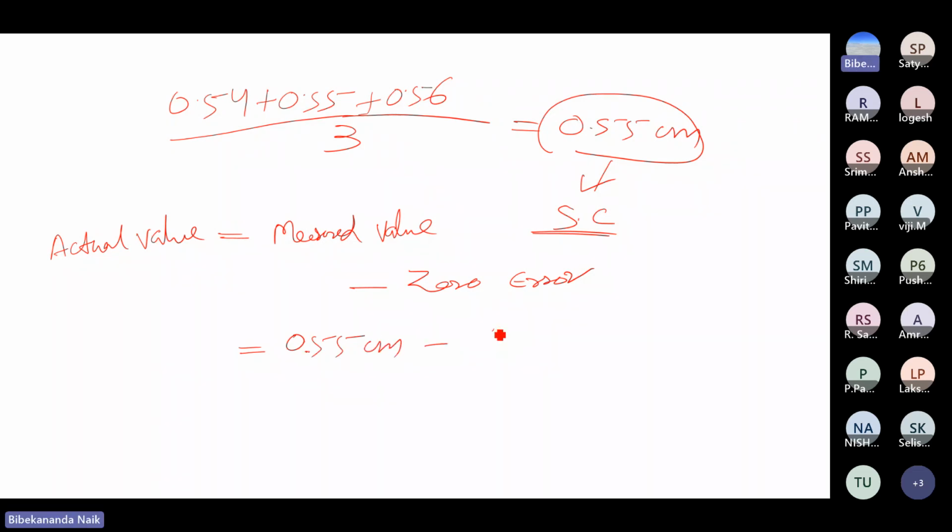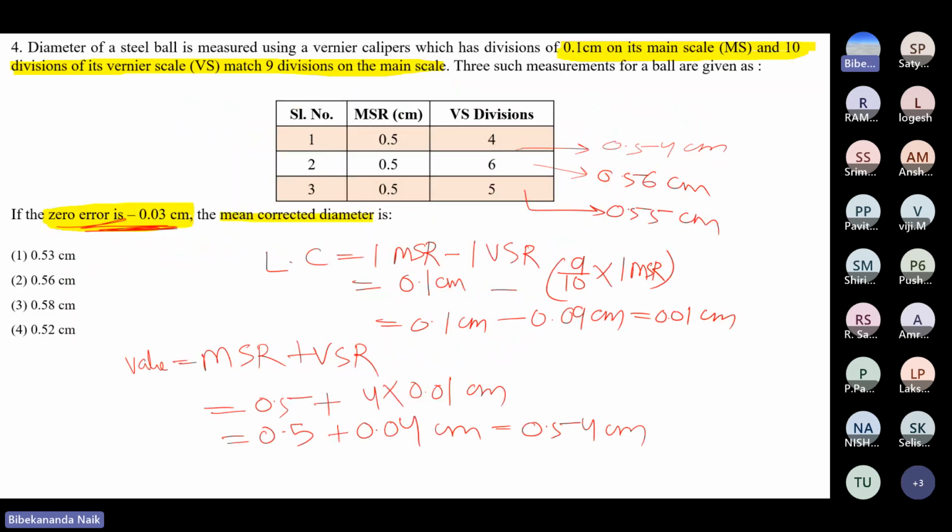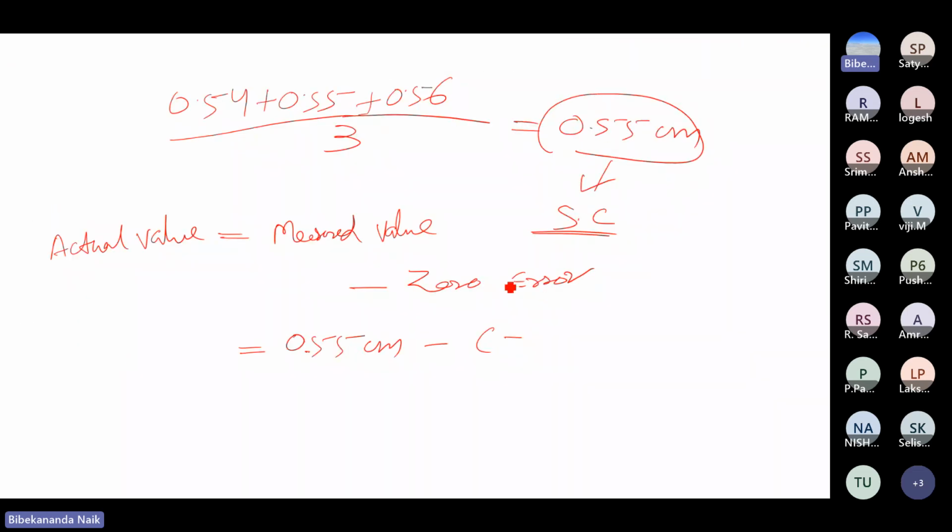So 0.55 centimeter minus the zero error, which is minus 0.03 centimeter. Since it is negative, it will be minus minus 0.03 centimeter.